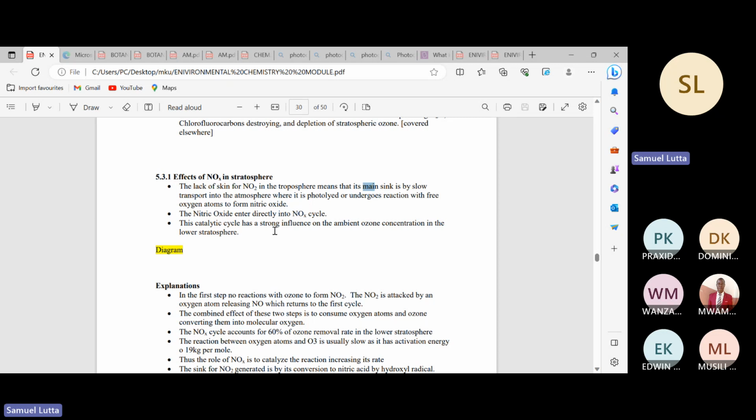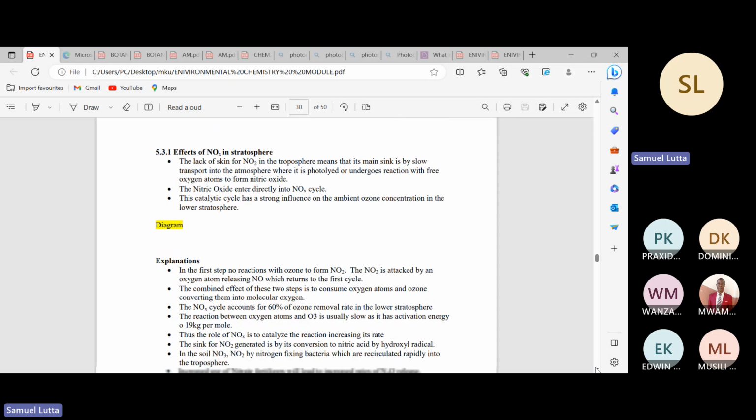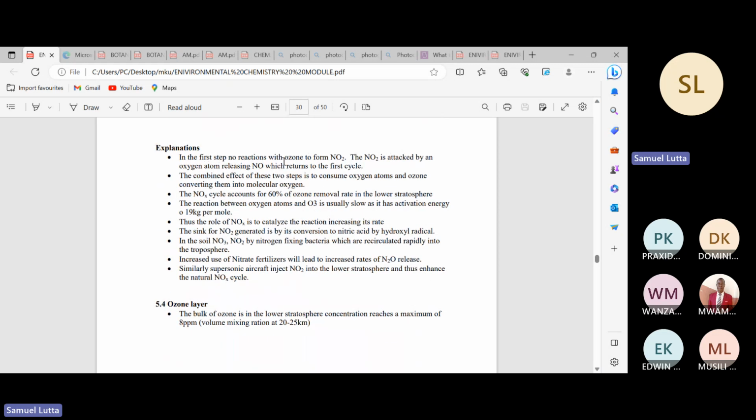And we saw in our earlier reaction that when you have ozone, then this gas can react with ozone and the concentration can decrease. So I think there's a brief explanation given here that the NO2 can be attacked by an oxygen atom.